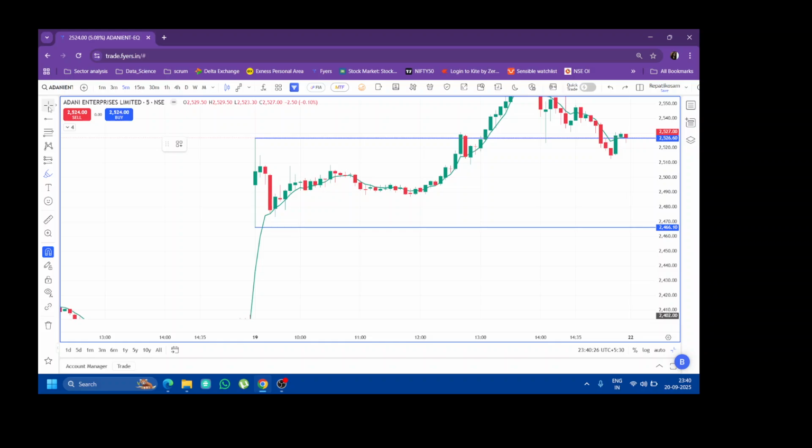In this case, it was not happening. So I was expecting one small red candle to come. Then when I get the green candle, I'll take the buy. That was my plan. That's supposed to be our plan, okay? I didn't do that, but yeah, that's supposed to be our plan.